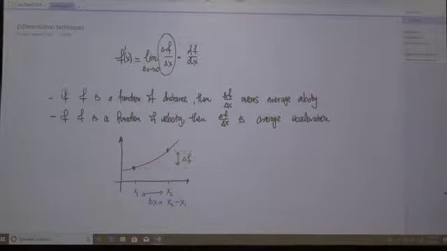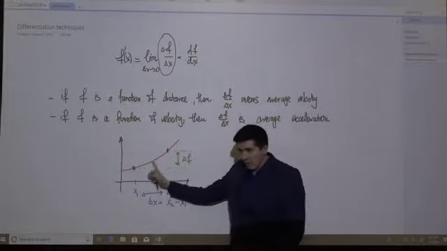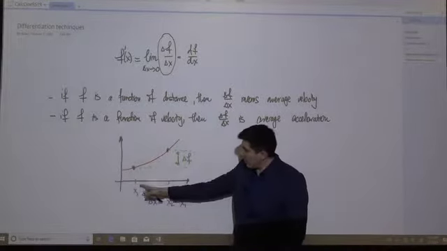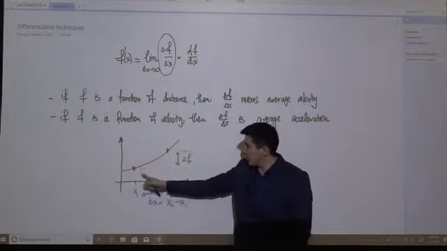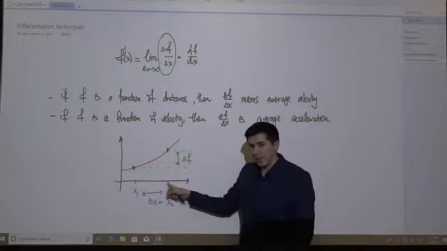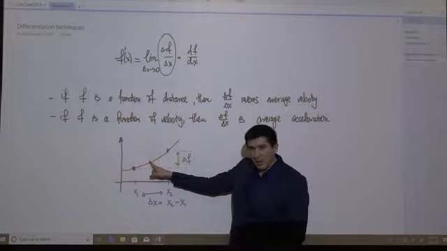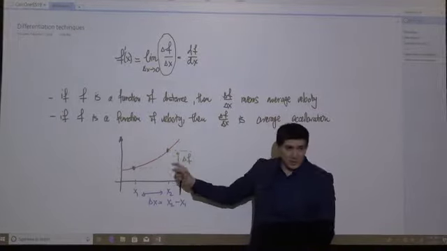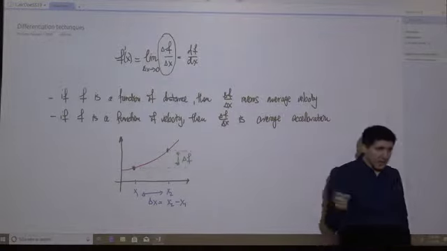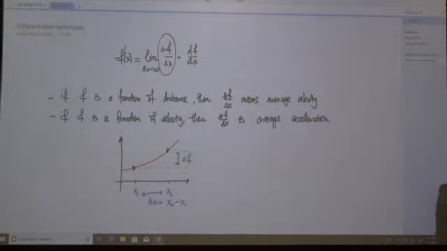If this function means the profit, for example, during some period of time, where this will be the time in days, and you choose one point here and calculate df dx, it means how your profit is changing exactly at this time.